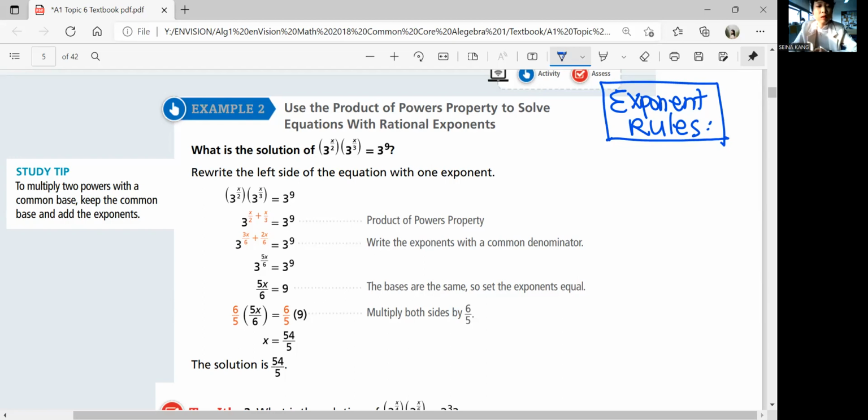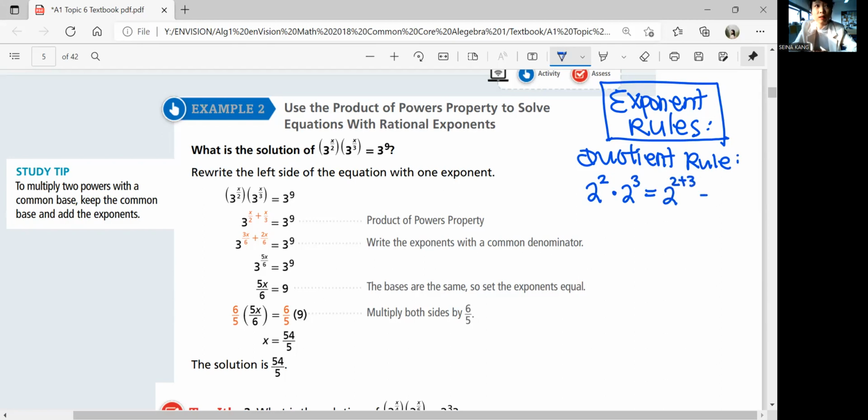So the quotient rule says that if you have the same base, so 2 to the power of 2 times 2 to the power of 3, and different powers, you can add them. 2 to the power of 2 plus 3.